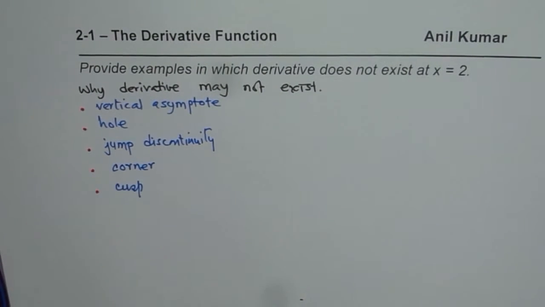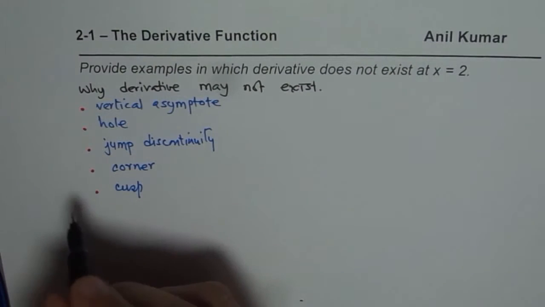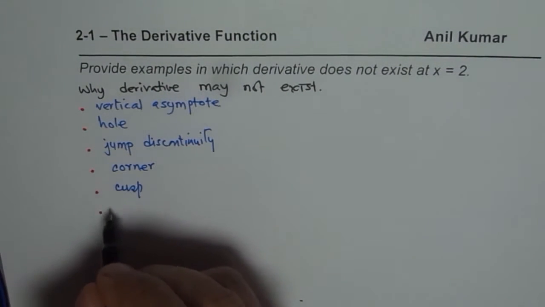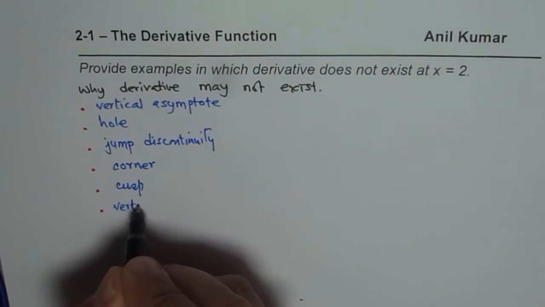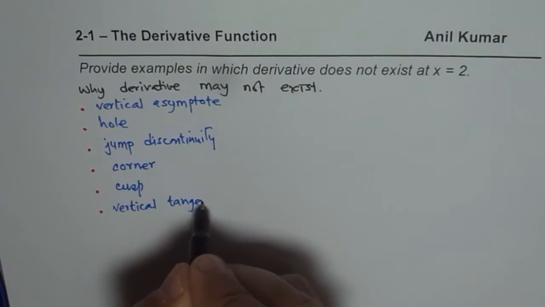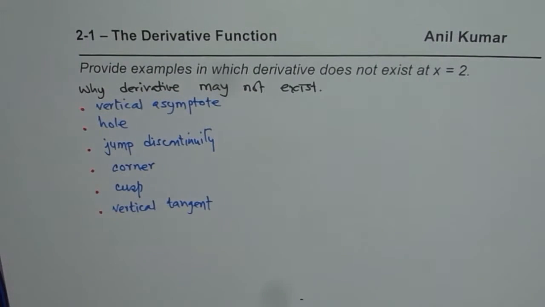So I could have written both together, cusp or corner. And the last thing which we could have is a vertical tangent. Vertical tangent. So these could be different reasons of a function not having derivative at a particular point.